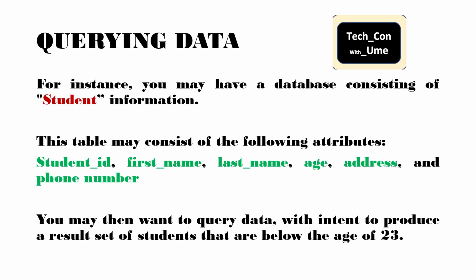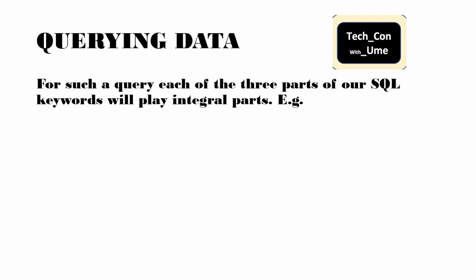Now, you may then want to query data with intent to produce a result set of students that are below the age of 23. For such a query, each of the three parts of our SQL keywords will play integral parts. E.g., the select part will help us to identify the attributes, first name, last name, and age.